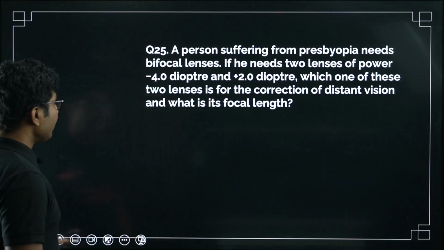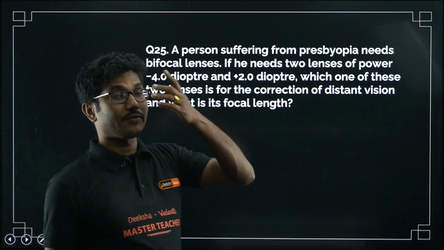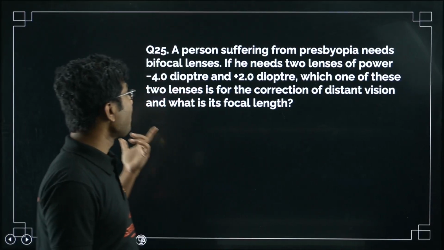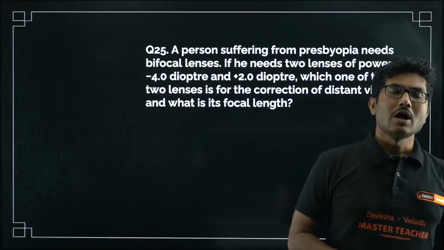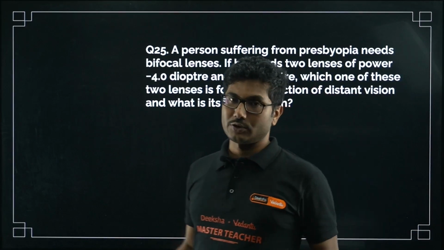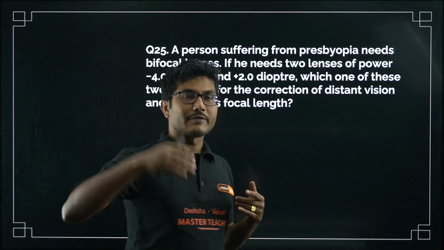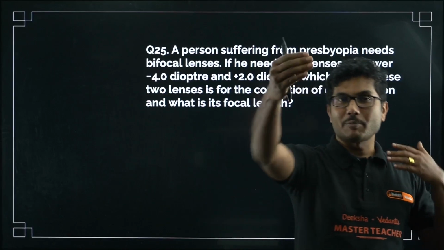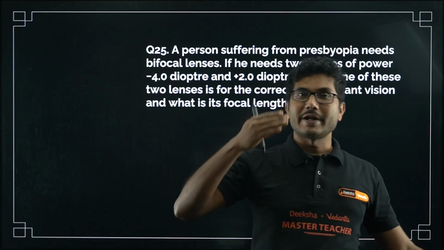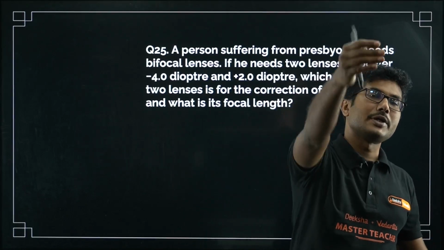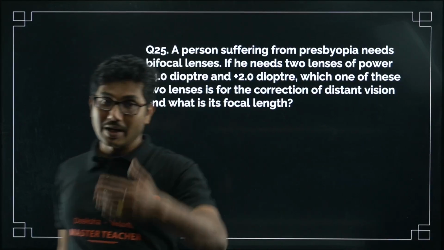So first of all, we have a person suffering from presbyopia. Presbyopia means he cannot see nearby objects clearly, nor can he see distant objects. So both the near point and far point have changed. The far point has come from infinity to some distance, and the near point has shifted from 25 centimeters further away.